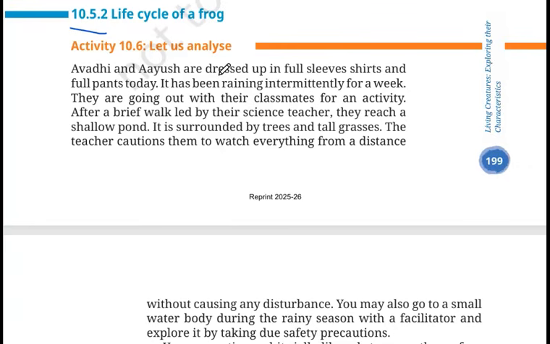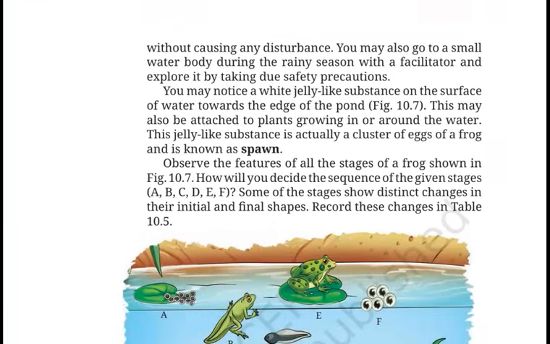Okay, so they are going out with their classmates for an activity. After a brief walk, led by their science teacher, they reach a shallow pond. It is surrounded by trees and tall grasses. The teacher warns them to watch everything from a distance without causing any disturbance.